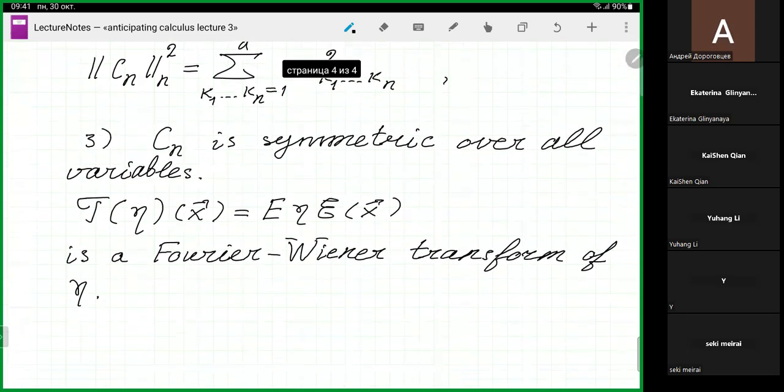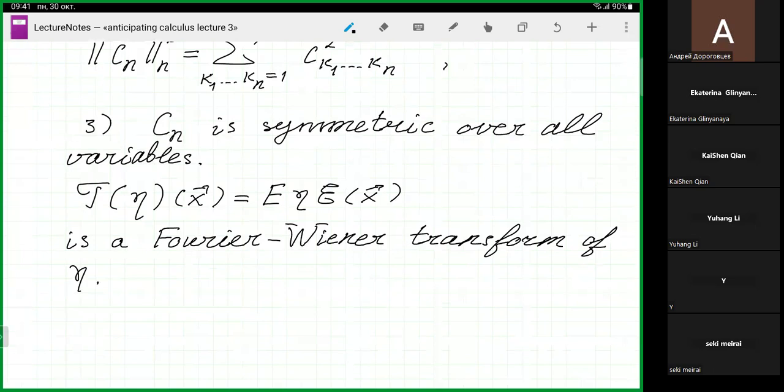Now let us find another good form of this transform. This good form comes from the expression of eta as a stochastic exponent, and the fact that now one can calculate this expectation explicitly in terms of the representation of eta as a function.